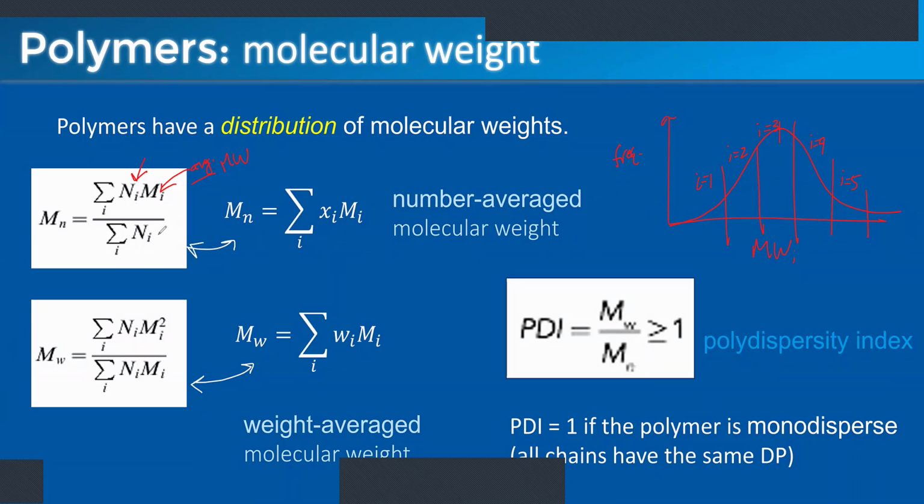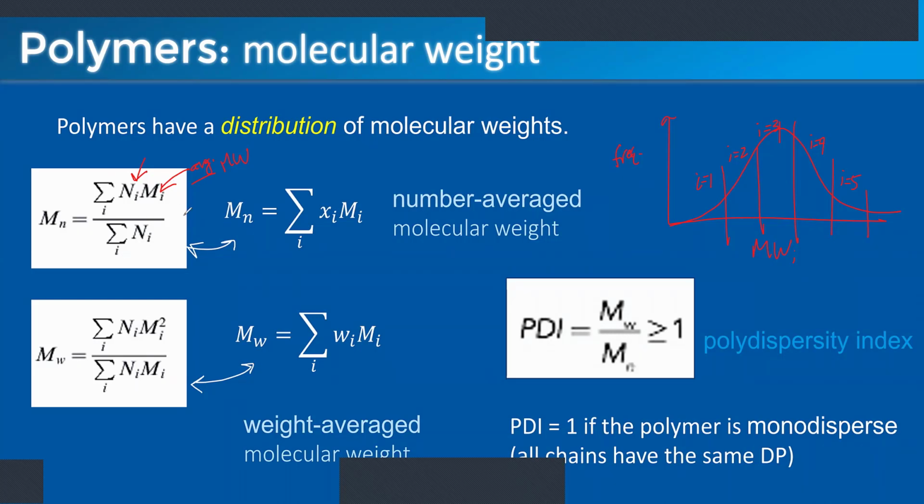So this is a weighted average of the molecular weight, but it's weighted by the number of chains of each polymer. Similarly, we can have a weight average function using the polymer's molecular weight rather than the number of chains. So just two different ways to think about the distribution of molecular weights in polymers.